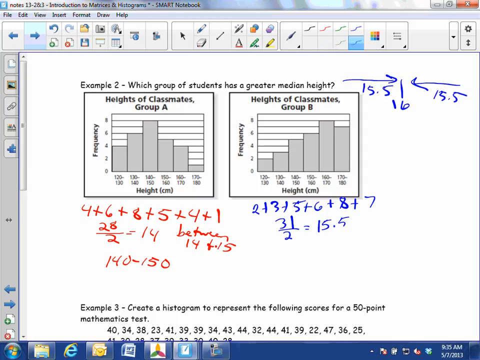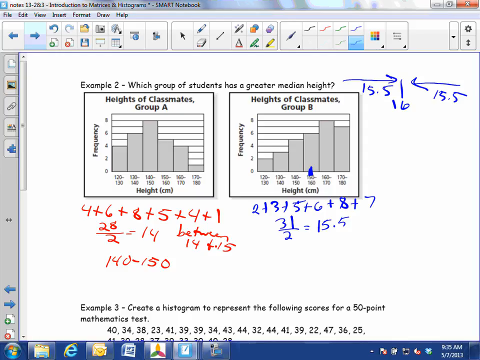Okay, so where's 16? 150 to 160. Yeah. Okay, how do you know? Oh, I have 170 to 180, 160 to 170, 150 to 160.